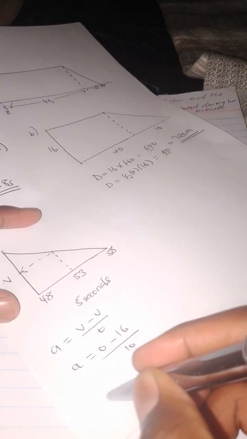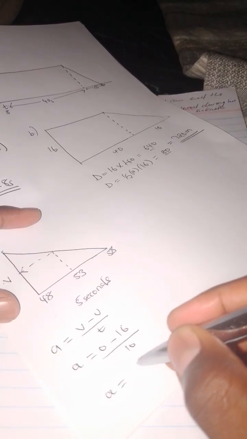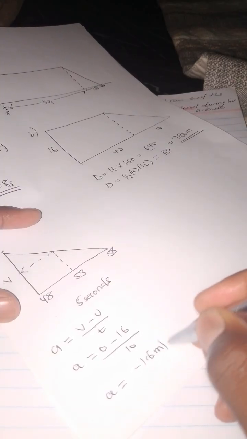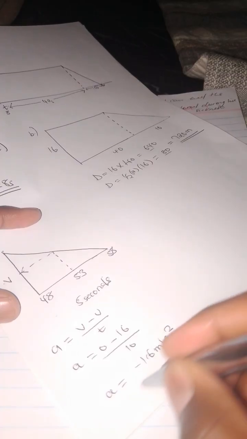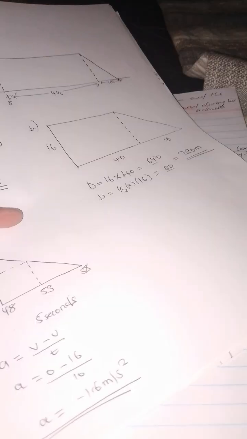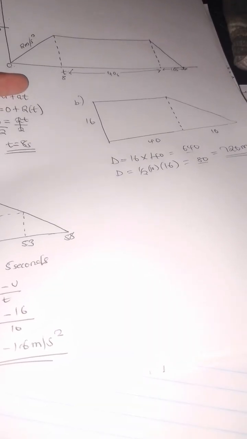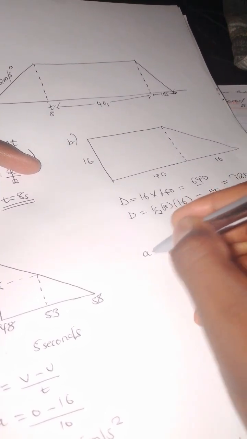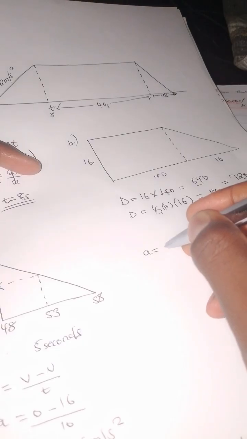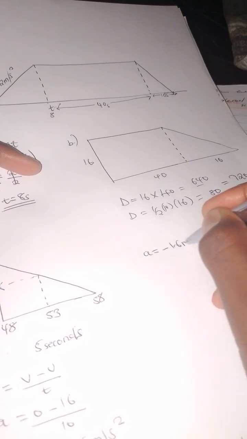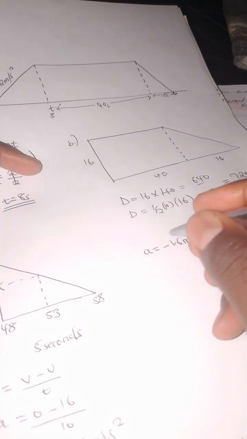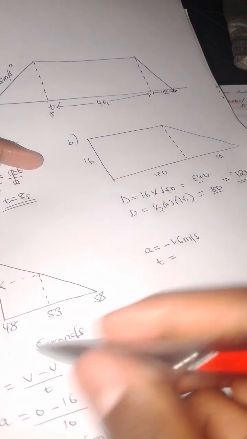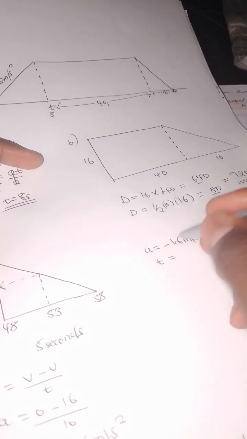So acceleration is equal to negative 16 divided by 10, it's negative 1.6 meters per second squared. This is our deceleration. If we collect the data up to now, we have the deceleration equal to negative 1.6 meters per second squared. We also have the time, which is 5 seconds from here to there.